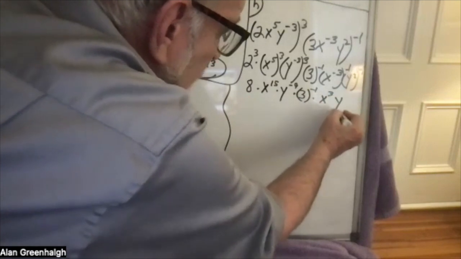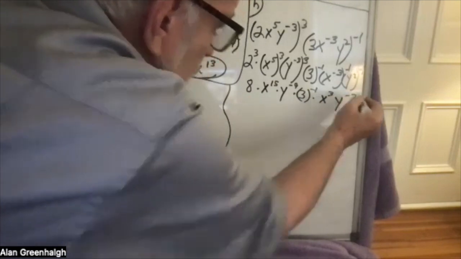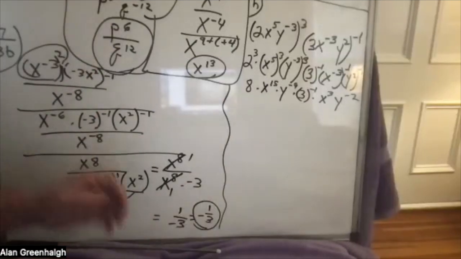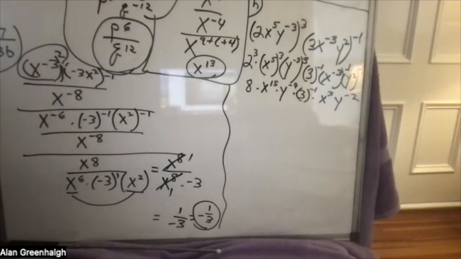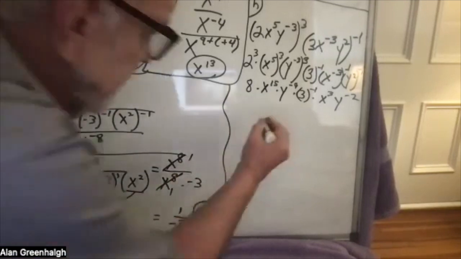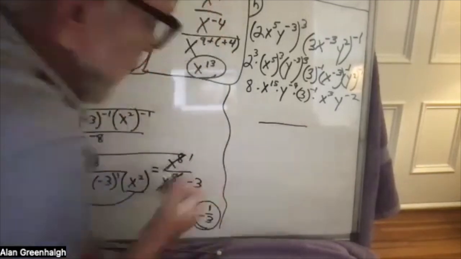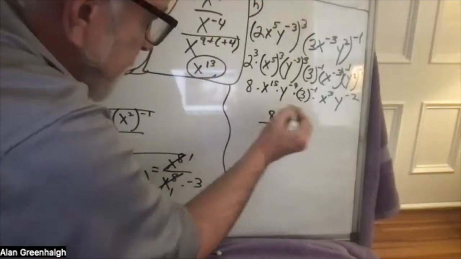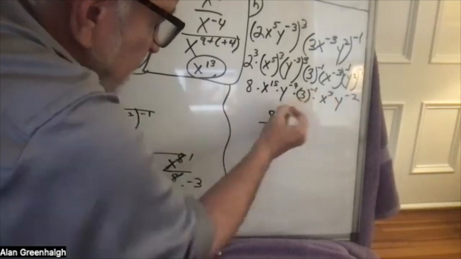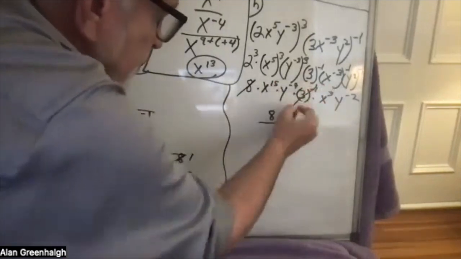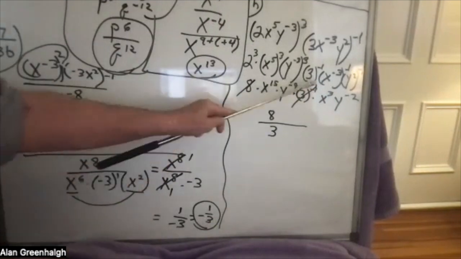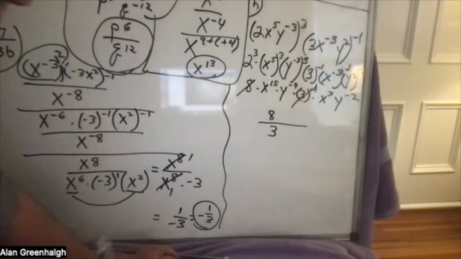And then y to the negative 2. And now I recognize that there's a fractional component here. So let's create a fraction line. The 8 stays on top. The 3 goes in the denominator because there's a negative 1 attached to it.